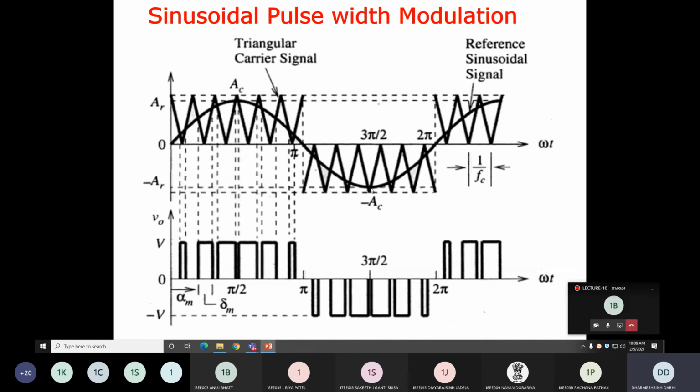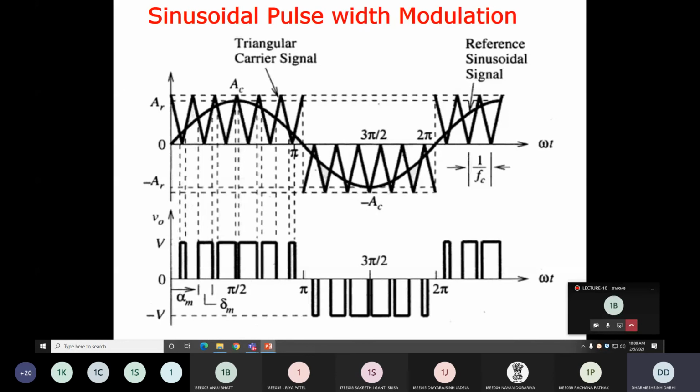And as we move from 270 degrees to 360 degrees, where the sinusoidal magnitude is reducing, the output pulse width is also reducing. Okay. So if you take the average of this pulse, that again looks like a sine. If you join the average points of these pulses, then it looks like a sine.